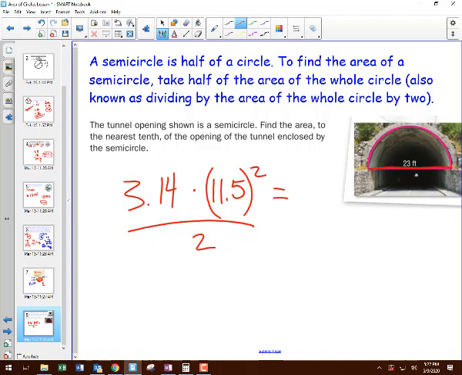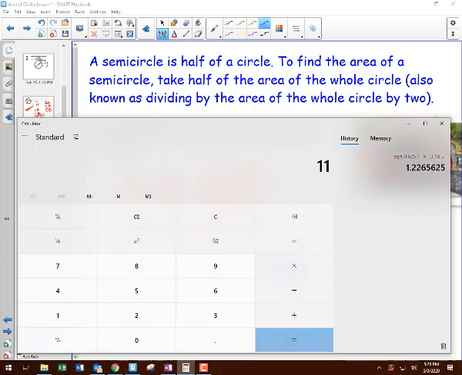Okay, let's dive in. 3.14, when we square 11.5, 132.25 times 3.14.